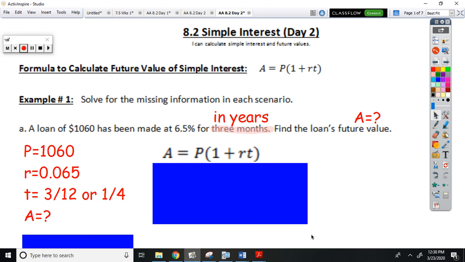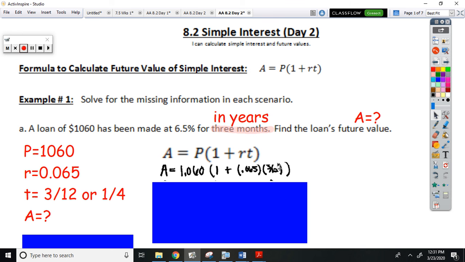We're looking for A. So plugging those into our formula, and I just left it 3/12 because sometimes you won't get a decimal that's nice and pretty.